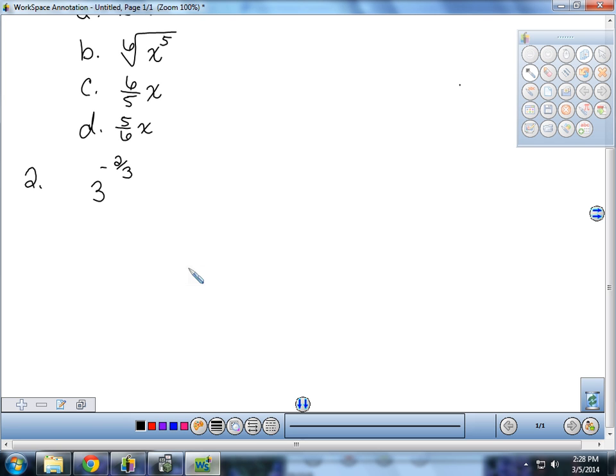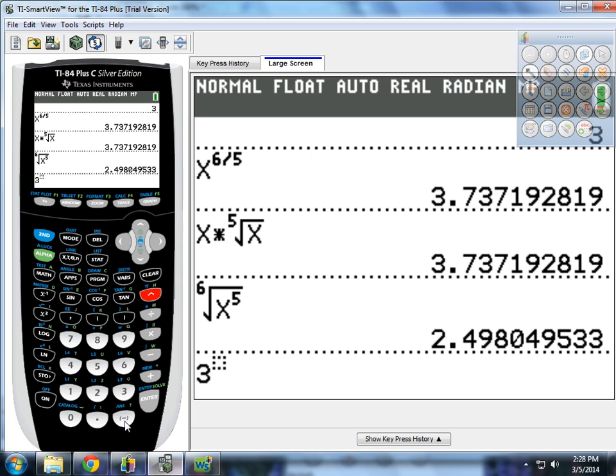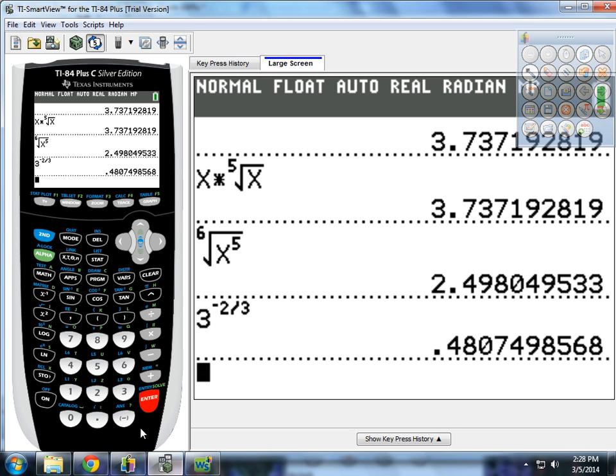So I'm going to plug that in my calculator, and then I'm going to plug in every single answer choice until I get the same decimal. So first things first, we are going to plug in 3 and raise that to negative 2 divided by 3. All right, this is the decimal that I get.